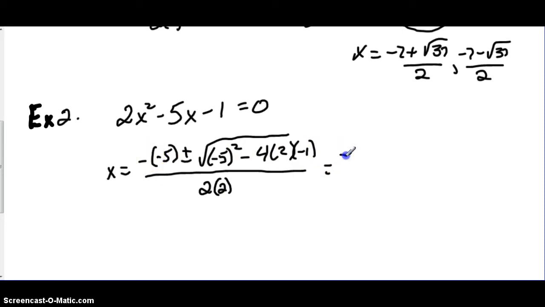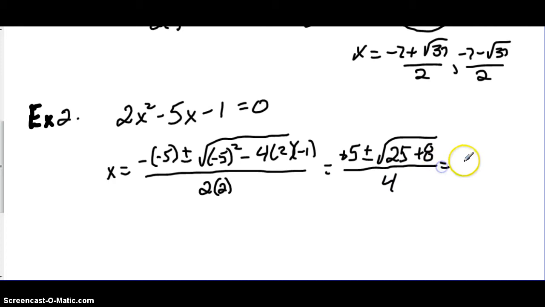Simplify here, positive 5 plus or minus square root of 25 plus, remember, negative times a negative is going to be positive 8, all over 4.